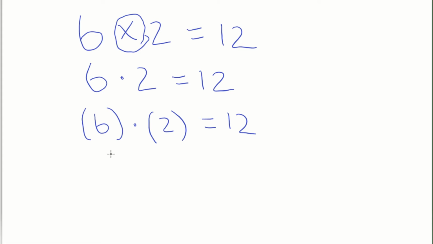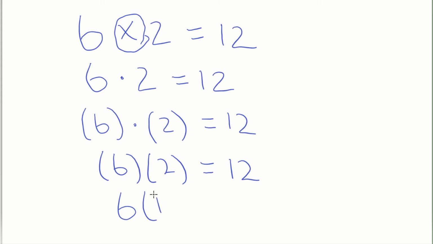But now you don't need the dot anymore, so you can just do it like this. And that equals 12. And also, you don't have to have both of them in parentheses, so you can also have it like this, 6. And if you put a 2 here, that is also the same thing.